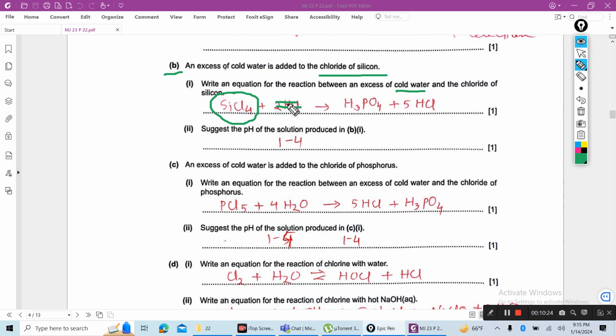This is not HCl, it is water, H2O. Silicon tetrachloride reacts with water to form silicon dioxide and hydrogen chloride.